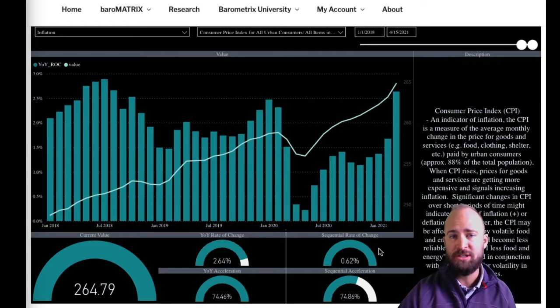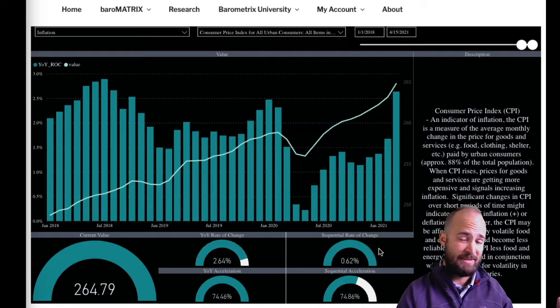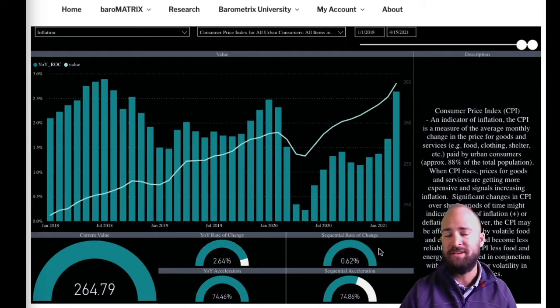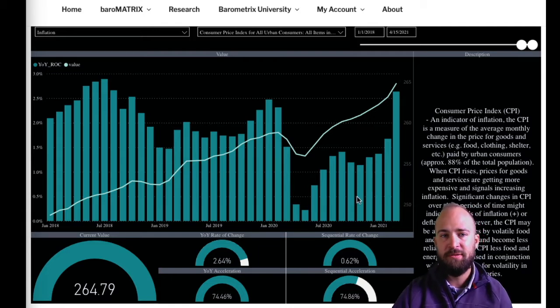Same thing with sequential rate of change. So instead of looking at this year's data point relative to the same data point last year, like we do with the year-over-year rate of change, sequential rate of change just looks at the rate of change from the previous reading. In this case, the previous month, right? So the columns here are showing you the year-over-year rate of change, but the white line, that's the actual change in the value.